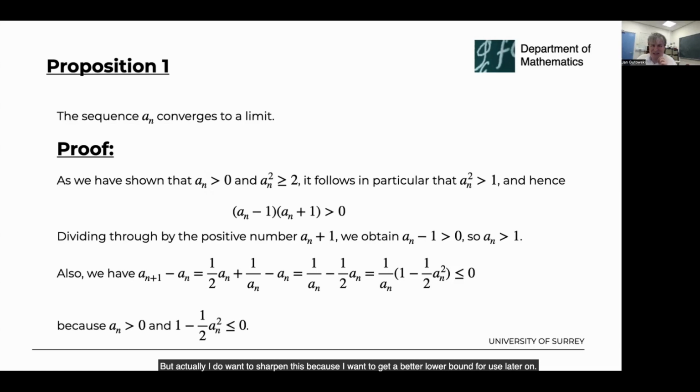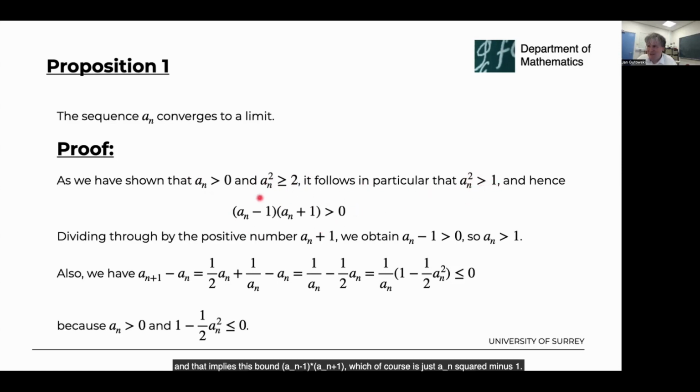But actually, I do want to sharpen this a bit. I want to get a better lower bound for use later on. So I'll just do that in this proposition because it will be used later on. Because an squared is greater than or equal to 2, and 2 is strictly greater than 1, I deduce that an squared is strictly greater than 1.